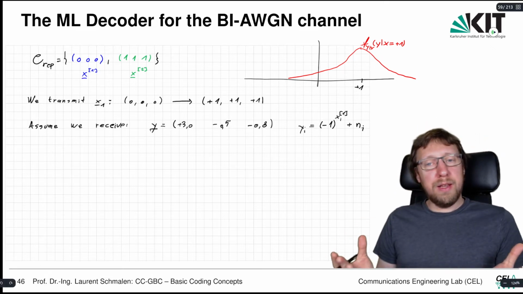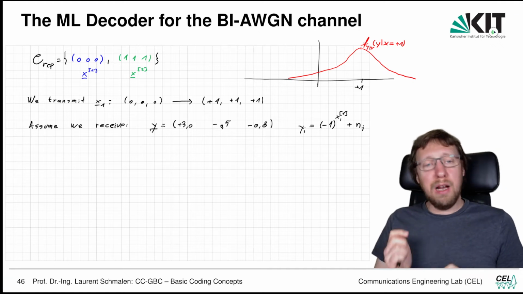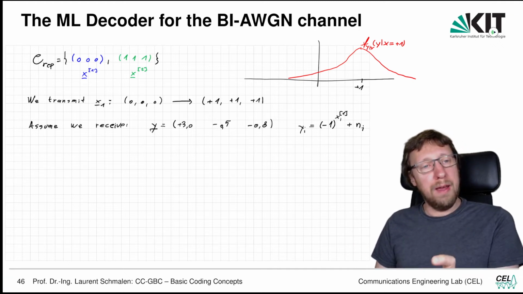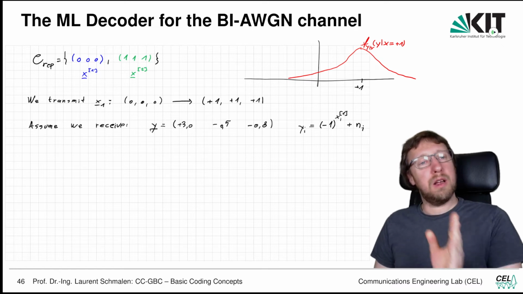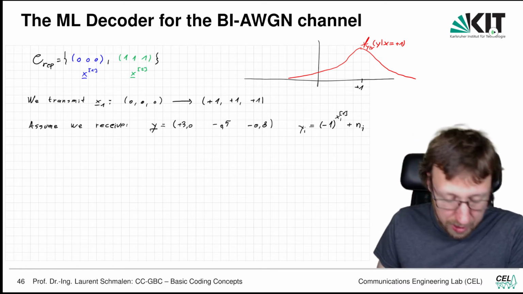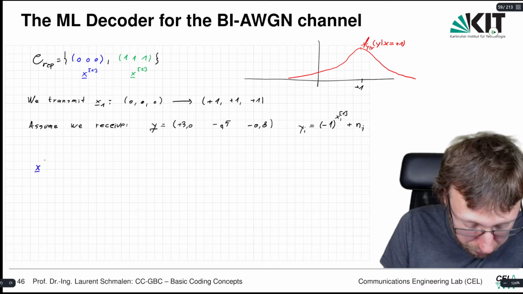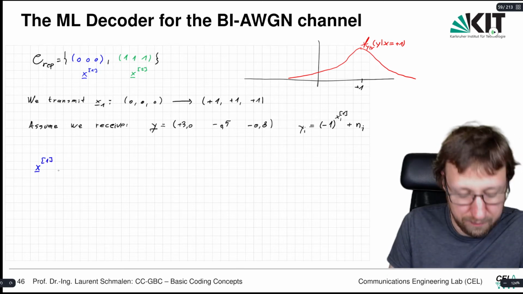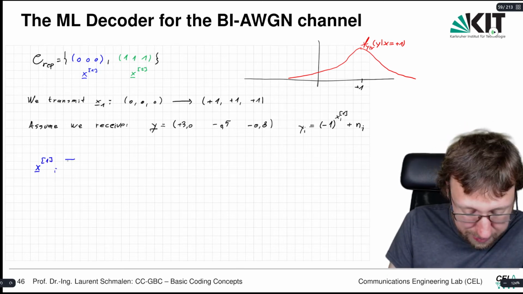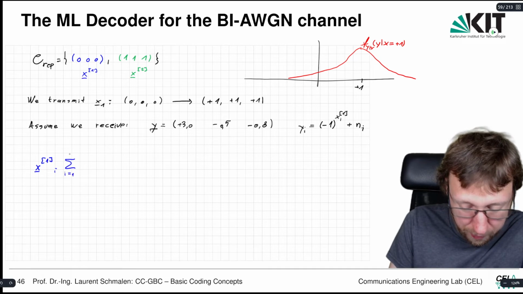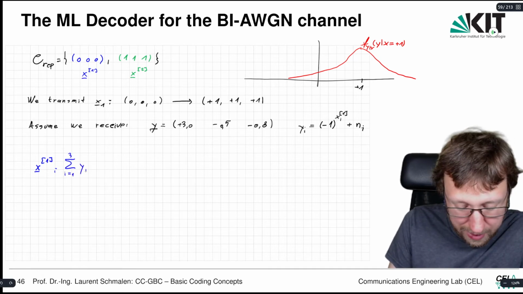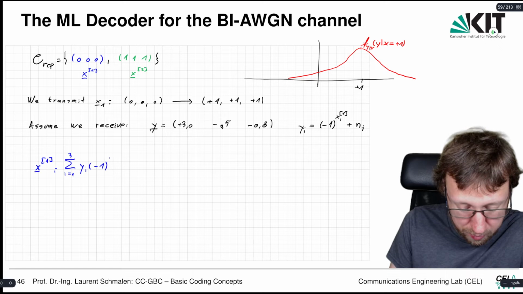Now what we need to do in order to decode is calculate the correlation between y and the two possible code words. We do it first for code word x1.